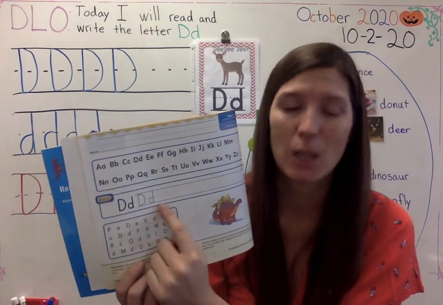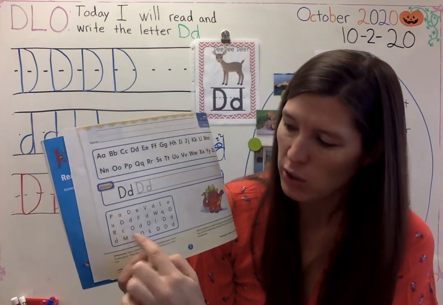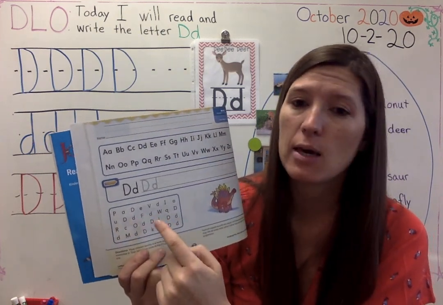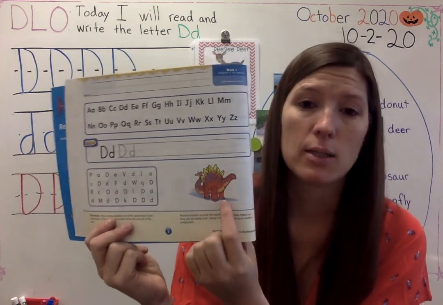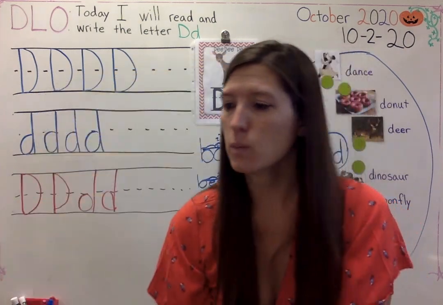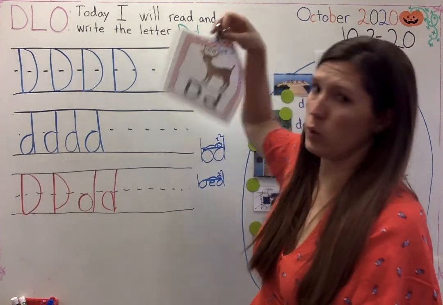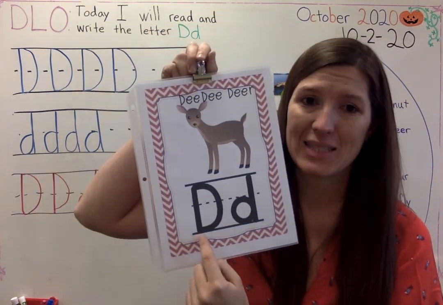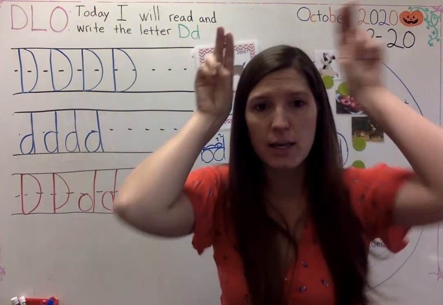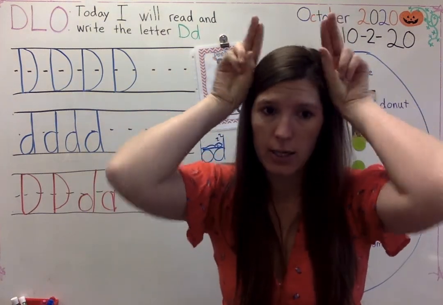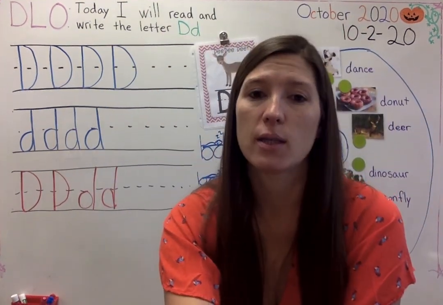Capital D, lowercase d. Find your capital and lowercase d's in the letter search. And here is a D, dinosaur. Our new letter is D. D says D, D, D. Now it's your turn to go practice the letter D.